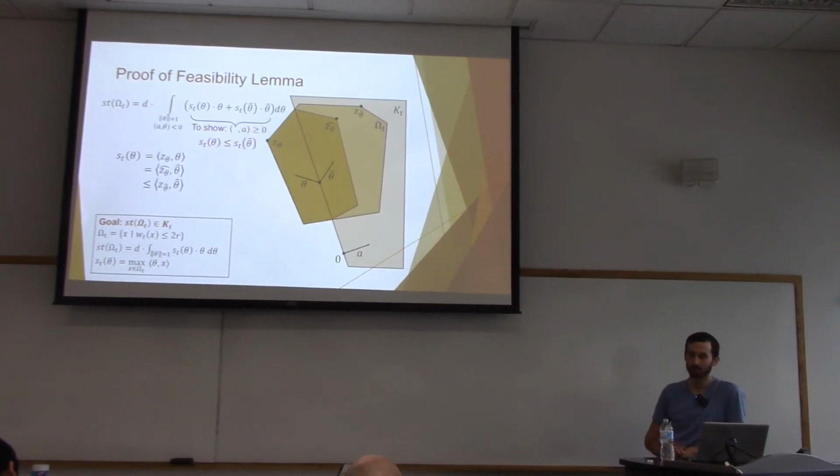But now there's some other point which actually maximizes that inner product for theta hat, and that's the support function of theta hat. So the support function of theta is less than or equal to the support function of theta hat, which means that this whole expression right here has positive inner product with A, which means this integral has positive inner product with A, which means the Steiner point is feasible, which means that the algorithm is OFD competitive. So that's the whole proof.